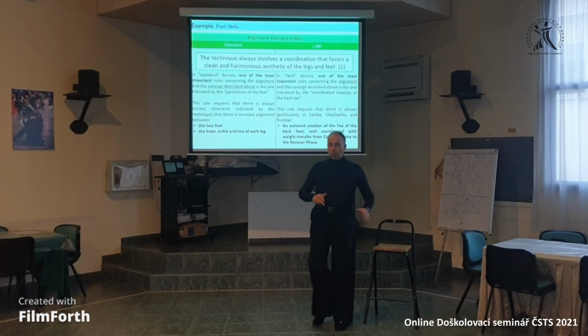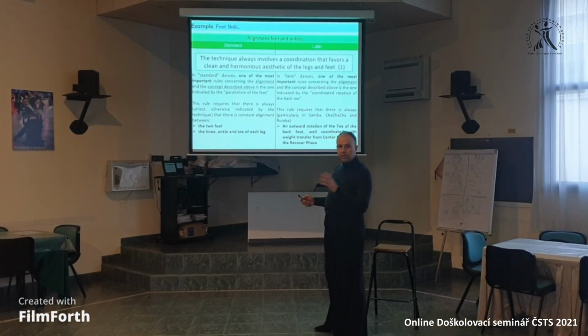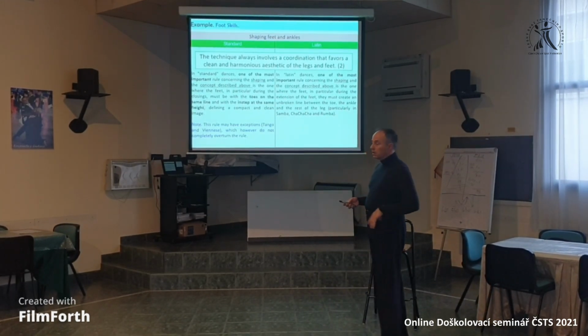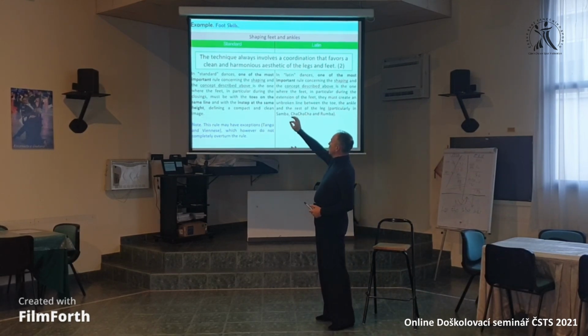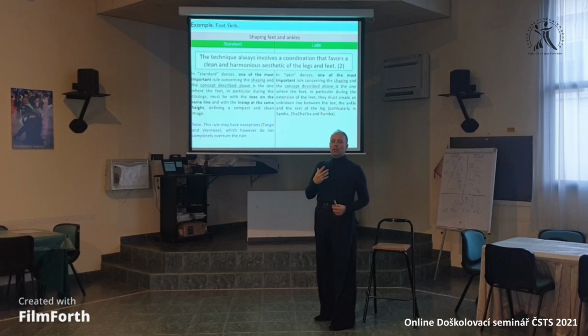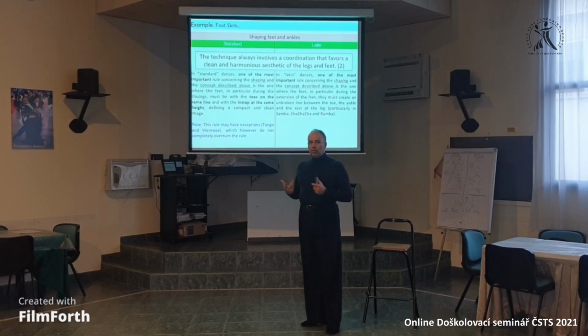So now we go with the fourth keyword. The four keywords, as you remember, for the foot skill: shaping, feet and ankle. What does it mean, shaping feet and ankle? Again, it's a question of aesthetic. Clean and harmonious aesthetic is something that technique considers also for this keyword. So in standard, what does it mean?